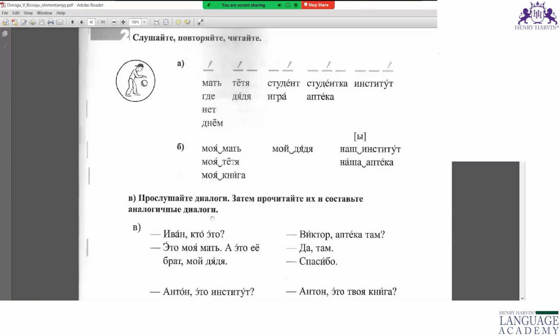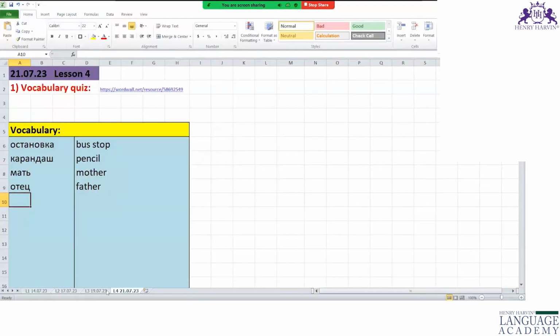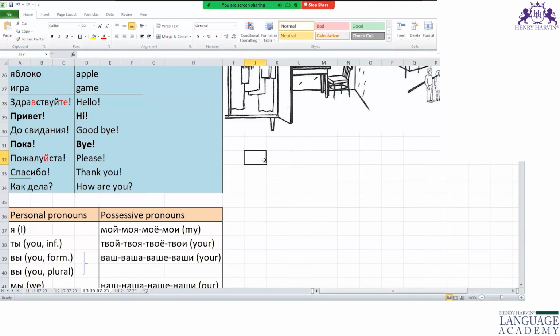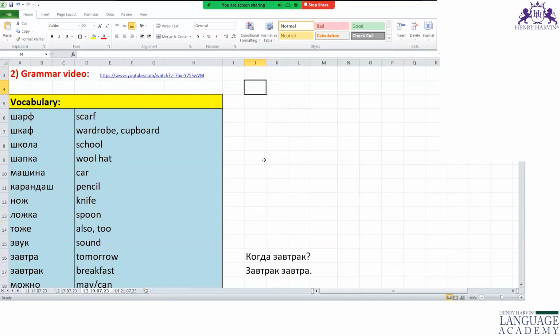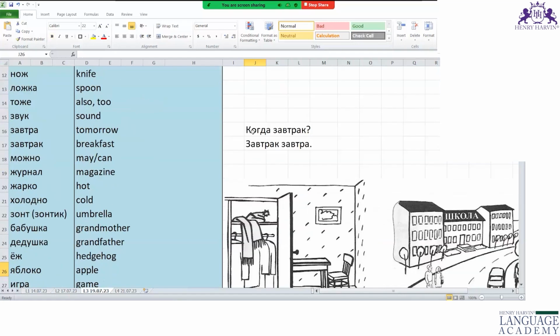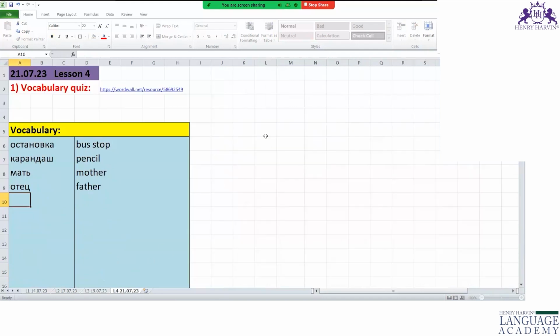So remember we had a question. Когда урок? When is the lesson? And during our first three lessons, we had only two answers. Let me find this dialogue we had. So we have the word когда, завтрак, when is breakfast, завтра, breakfast is tomorrow. Then we had когда. Let me write it again here. So possible answers to когда, when.